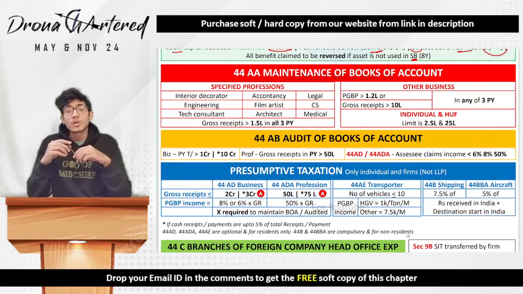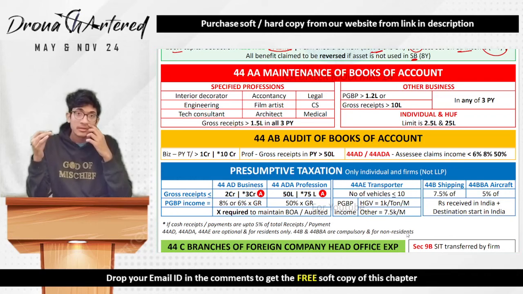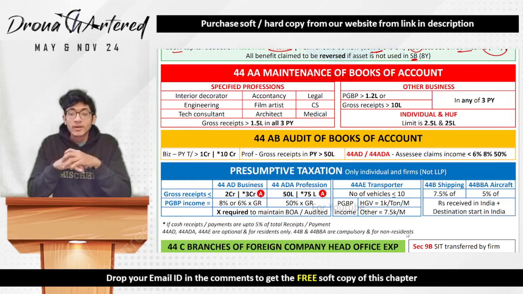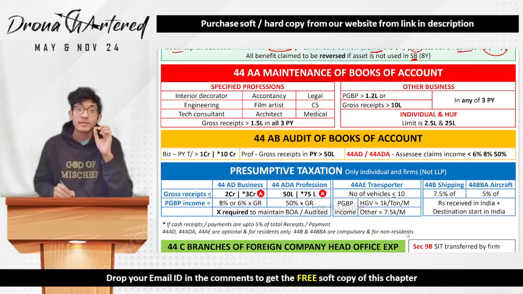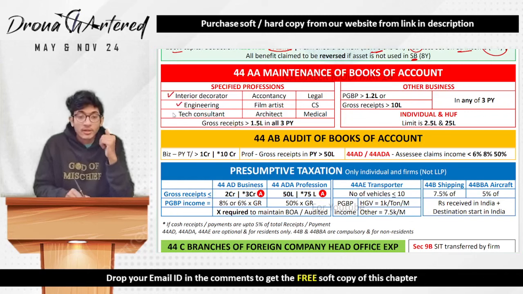Next is your section 44 AA, that is maintenance of books of accounts. So certain people, certain businesses, are required to maintain books of account. That is under section 44 AA. So certain specified professions. Who are these professions? Interior decorator, engineer, tech consultant, accountancy, film artist, architect, legal, your CS and medical.